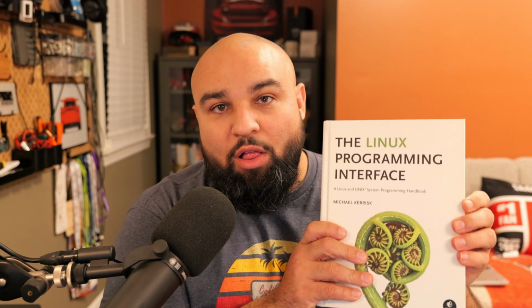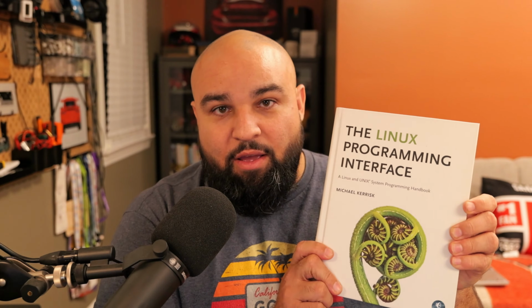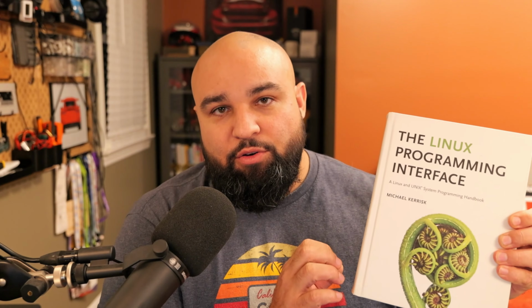And now No Starch Press has released a new book that builds on the content in here. If you're wondering what's in here, this is all about system calls in Linux. Basically, every chapter goes through the various system calls in Linux and how they're used to do multi-threading, process management, whatever. Very cool read. I'd probably recommend jumping to the chapter you care about and going from there.